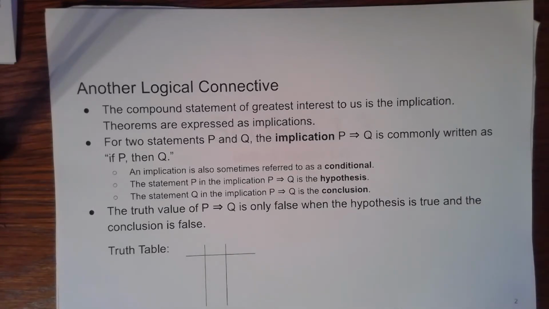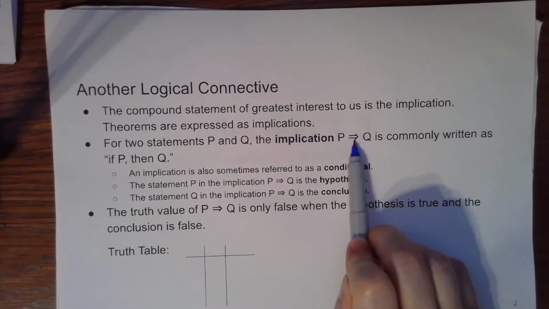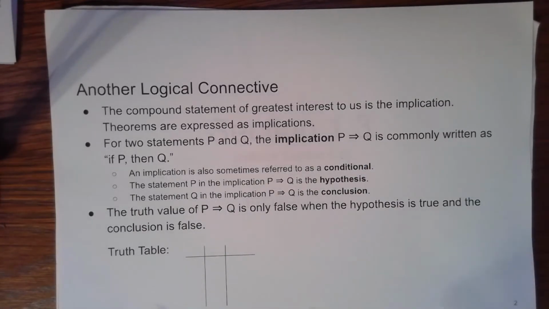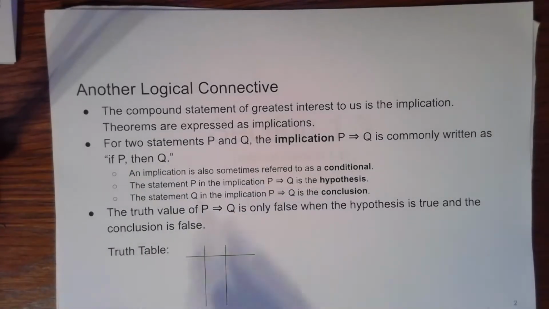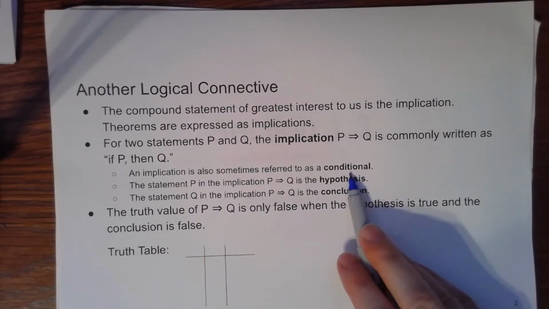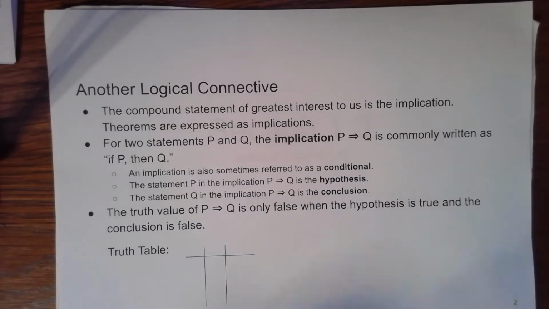Okay, so the notation for an implication is P and then this double arrow, Q. Stated in words, it would be if P, then Q. At least that's one way to state it in words. We also sometimes call an implication a conditional statement. So if you see the term conditional statement, it means the same thing as implication.